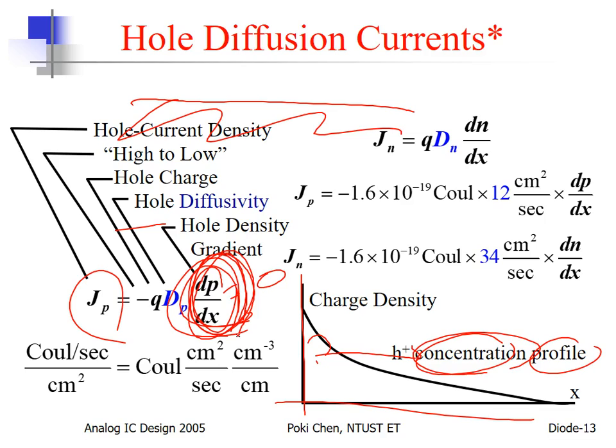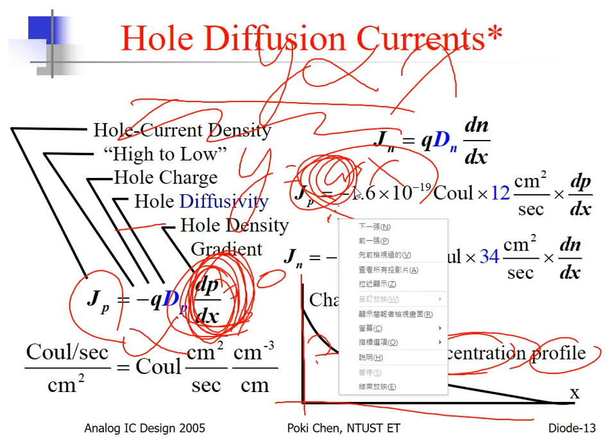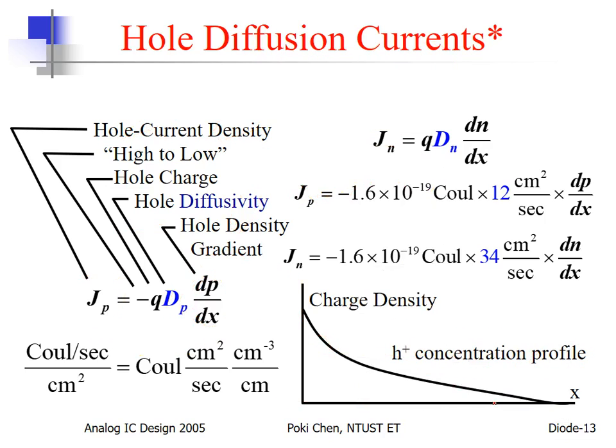So it means the diffusion is proportional to the slope. Y proportional to x means y equals a times x, with some kind of proportional constant. Bingo. So the proportional constant for hole diffusion, we call it D_p. D means diffusion. P means hole, positive. So that is hole diffusivity.